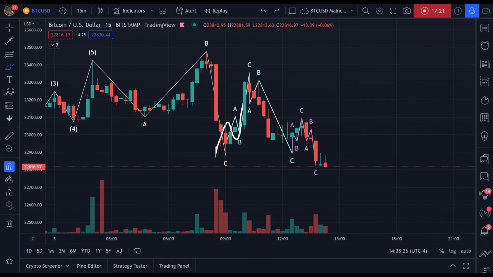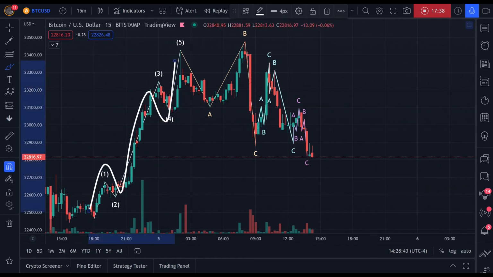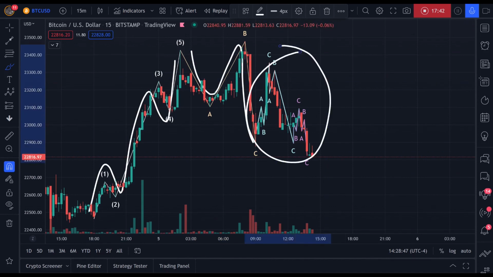So that is my little bit of intro crash course to Elliott Wave theory. And in this really cool example on the small 15-minute time frame, looking at Bitcoin on August 5th, 2022, you have an impulse, you have a flat correction, and you have an AB base.